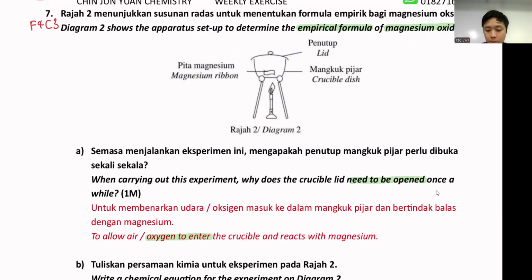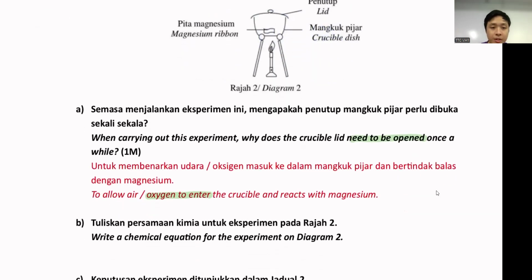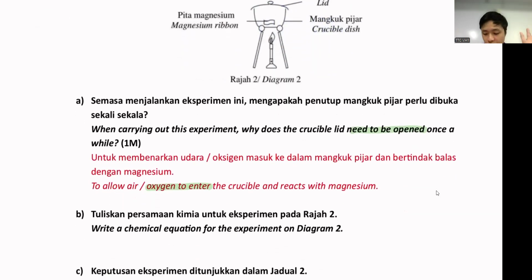This is very important because if you keep it closed the whole time, no oxygen can enter, then Mg cannot become MgO. This is key. If the question asks why you have to use the lid to close the crucible again, then you can answer: to prevent the white film of MgO escaping.